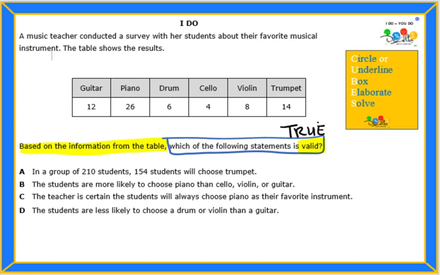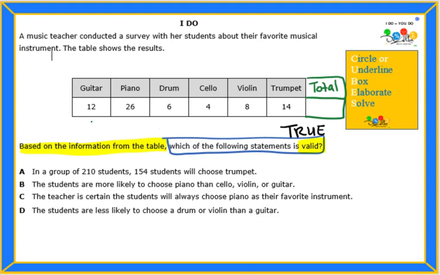Okay, we have a table, and the table has 6 different instruments and the number of students that liked that instrument. So to complete the table, let's go ahead and elaborate and make sure that we have the total for this table. So we're going to add 12 plus 26.